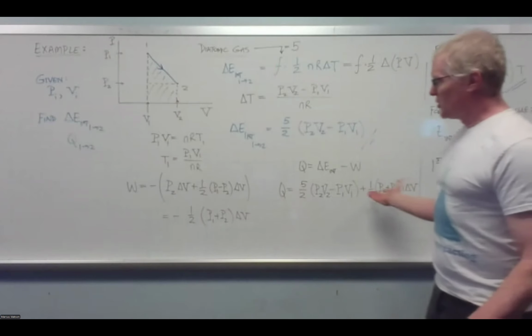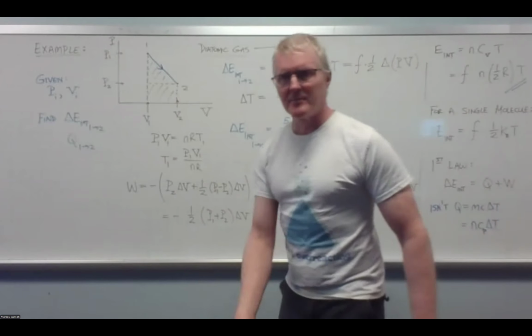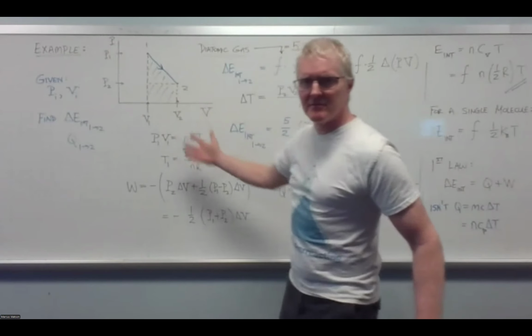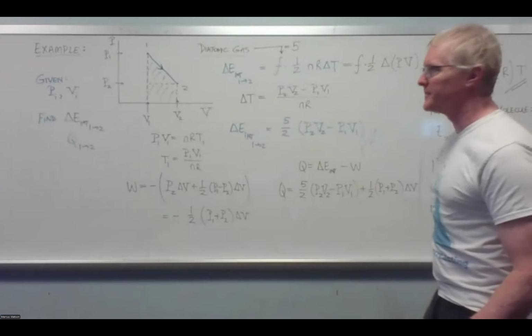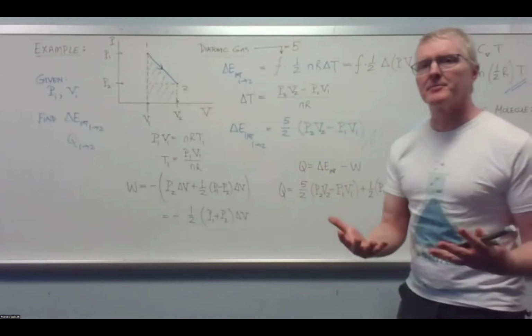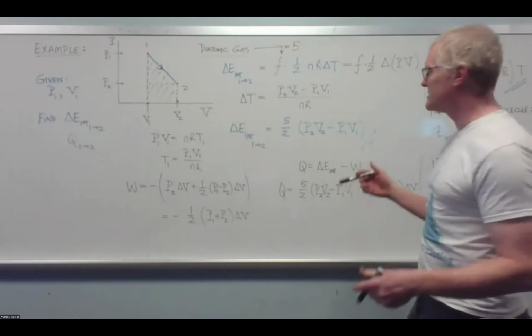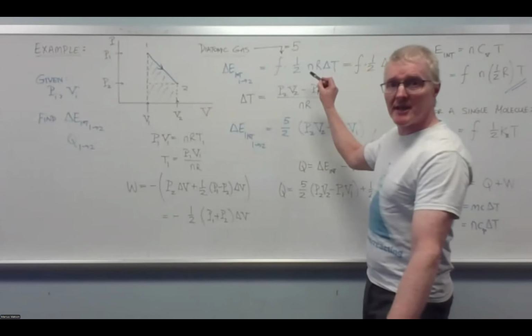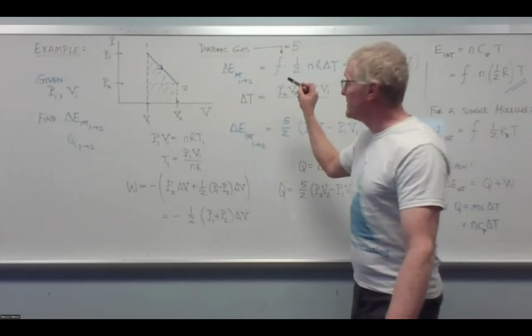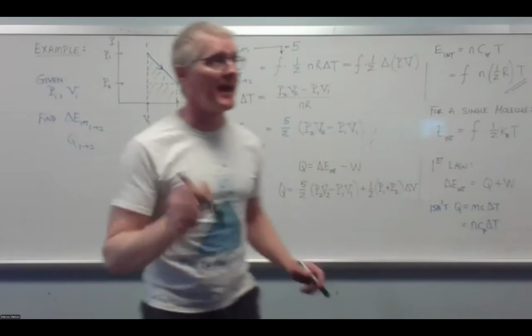And could you simplify this? Yes. We have givens, so in principle, I could calculate this with numbers. But understand the process here, right? What's the process? The process is I'm using the internal energy and the number of degrees of freedom in order to calculate that.